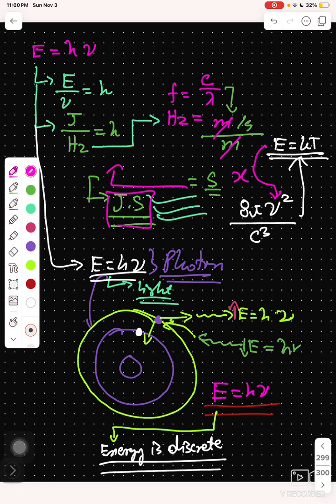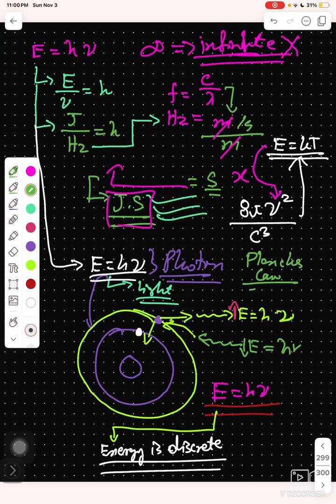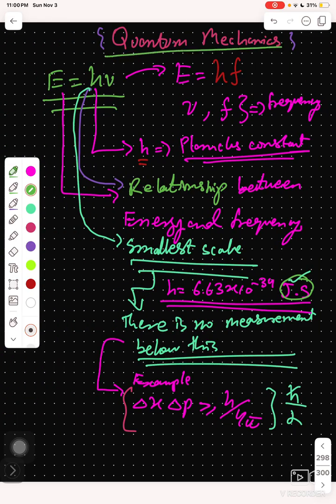Inserted with this chaos, it gives you infinite energy, and infinite energy is not possible. So he made his own law, which is now known as Planck's law. And from there came the start of quantum mechanics.